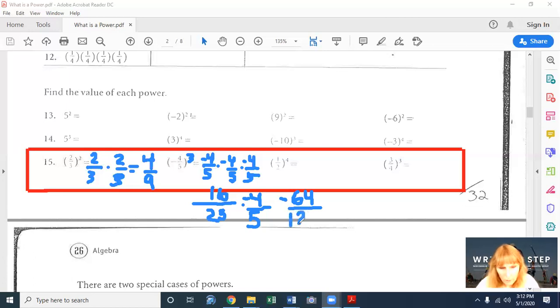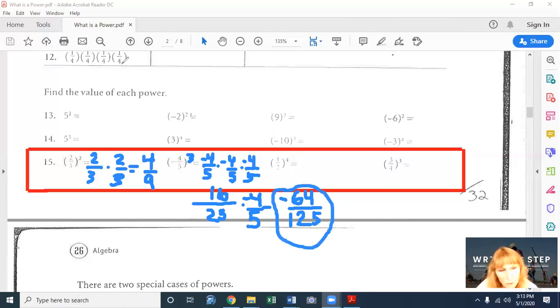So the answer to this one is negative 64 over 125. So I'll circle that so we can know what that is. That is the answer to number 2.